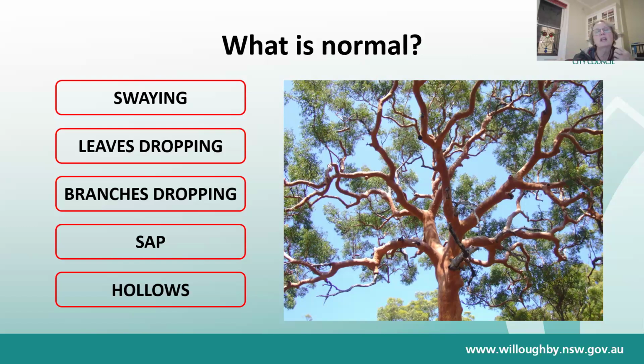Also, when we have an extreme weather event, sometimes the branches are damaged internally. We can't see it, we can't predict it, but then at a later time those branches will drop simply because they've been damaged mechanically.